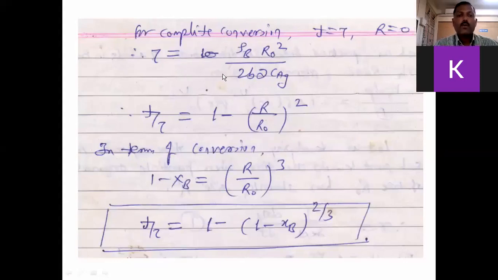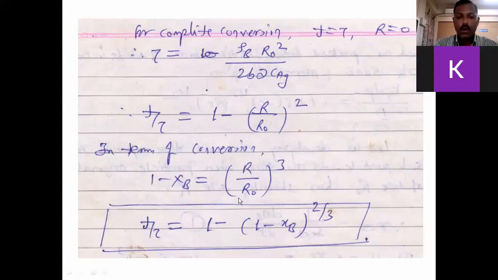Then we take the ratio t upon tau, in which the common terms cancel, leaving 1 minus r upon r naught square. Now we convert this in terms of conversion. In terms of conversion, as we know from the unchanging size case, the relation is 1 minus Xb equals rc upon r cubed, where rc is the size of the unreacted core divided by the initial size of the complete particle.